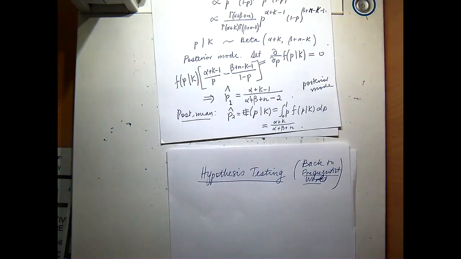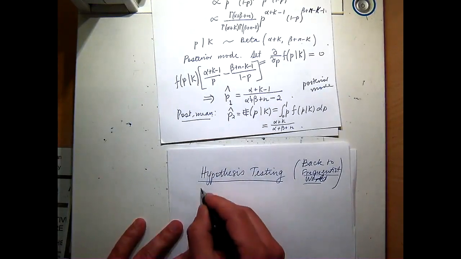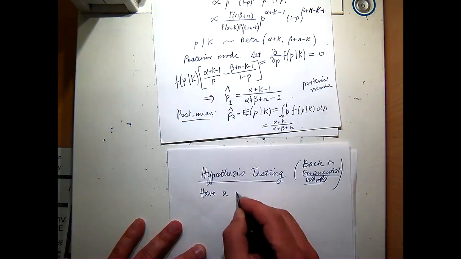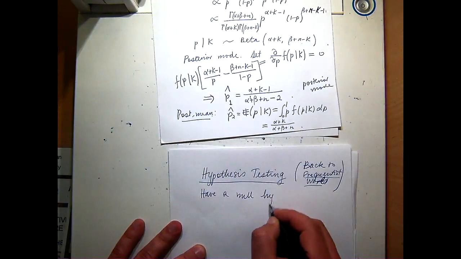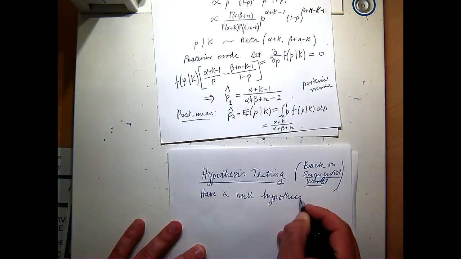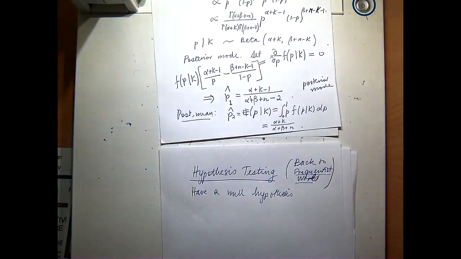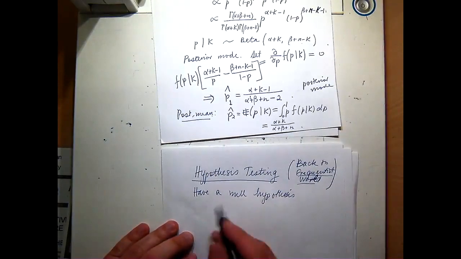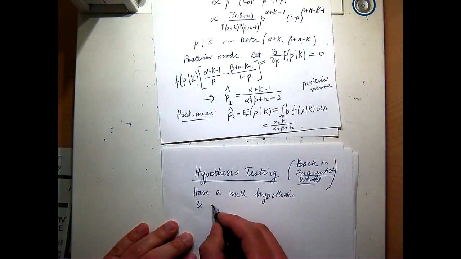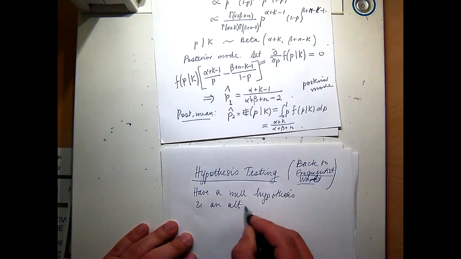So in hypothesis testing, you have a null hypothesis. And I have to say, there is something really distressing in these notes, chapter 10, which is on the website from previous years. I'll say it in a moment. We have a null hypothesis and an alternative hypothesis.